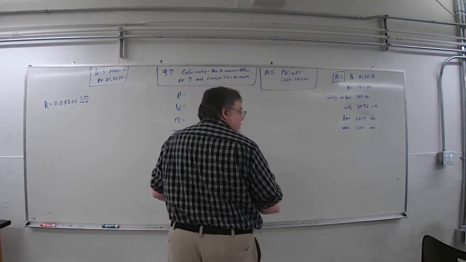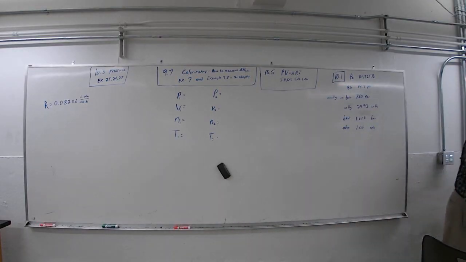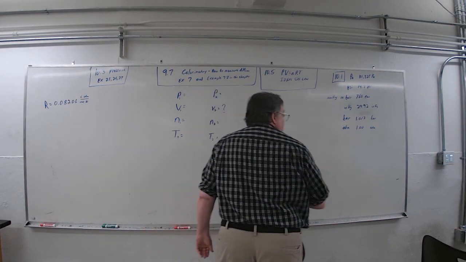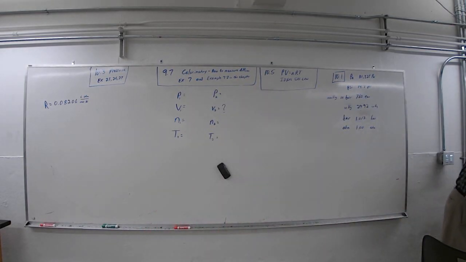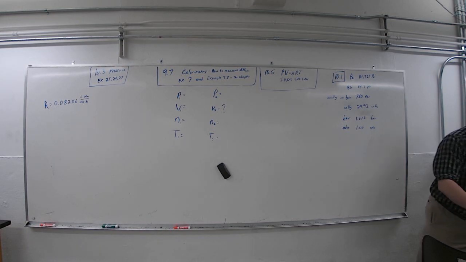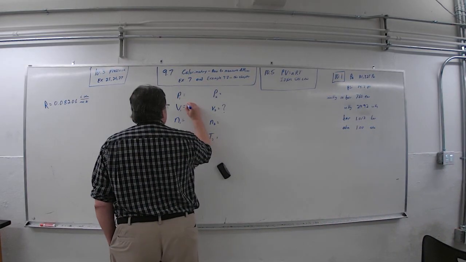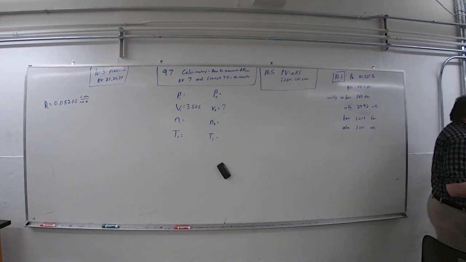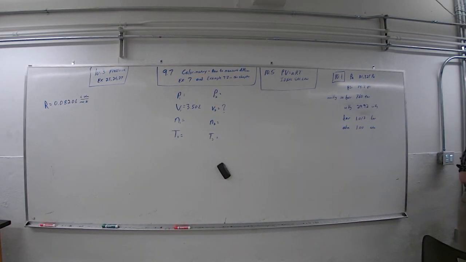Let's go to the next one, slide 3. What will be the final volume? A 3.50 liter sample of nitrogen at 20 degrees C is heated to 200 degrees C. Over there on the right where it says convert temps, we have to have our temperature in Kelvin here.